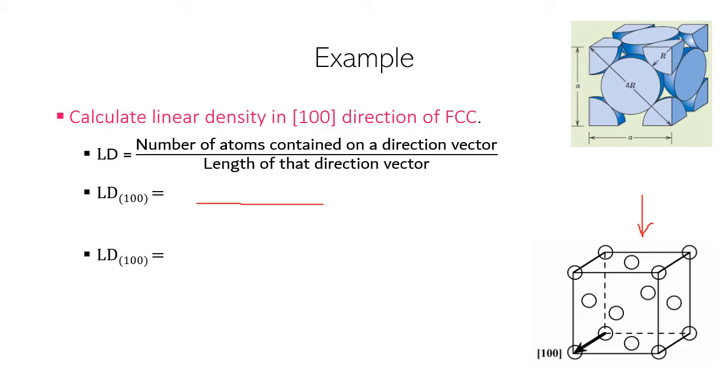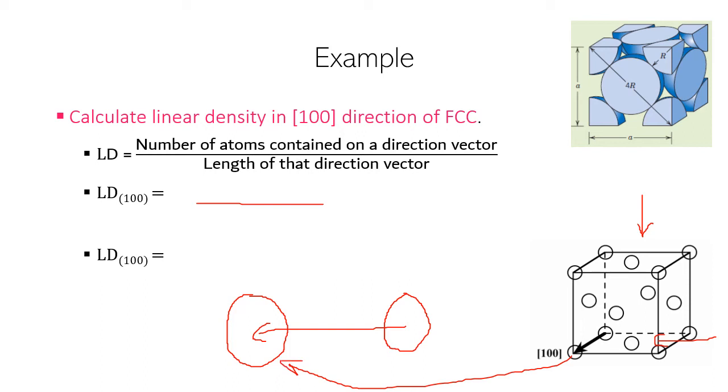So let me draw this direction vector. If you look at that direction vector from the side, that's what it appears to be, and on each of its ends there is an atom.